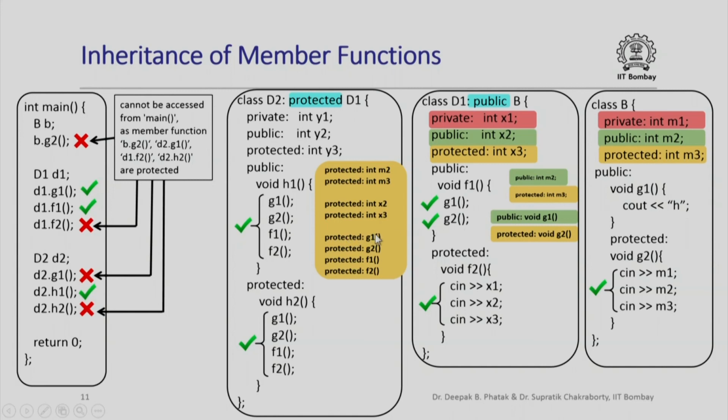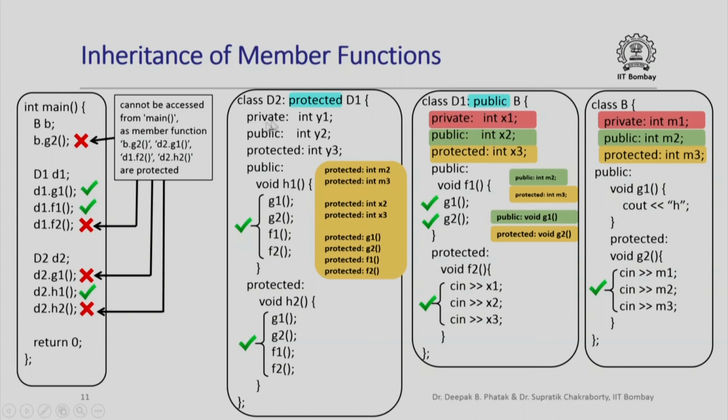So since G1 is accessible in D2 as a protected member function, it can only be accessed in classes derived from D2, it cannot be accessed from the main function. What about H1? H1 is a public member function of D2, so it can certainly be accessed from the main function. What about H2? H2 is a protected member function of D2, so it can only be accessed from classes that are derived from D2 and not from the main function.